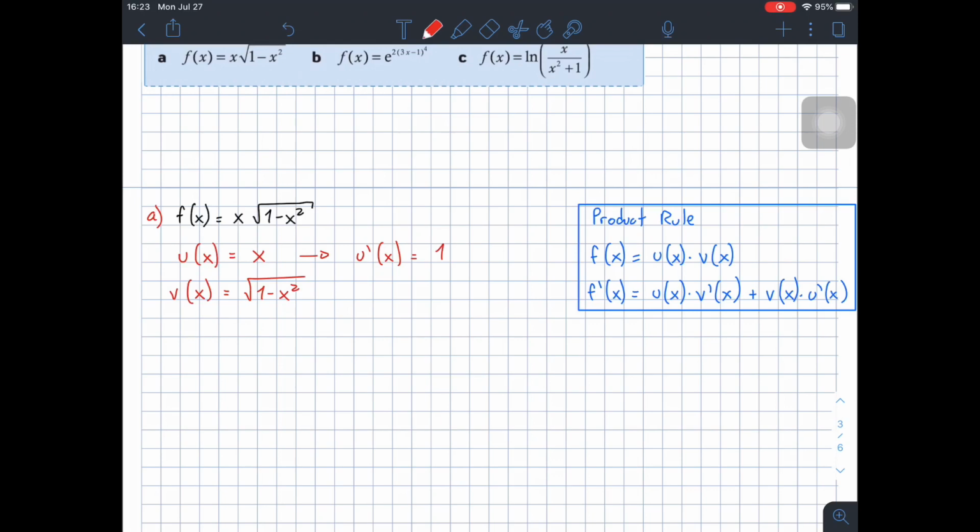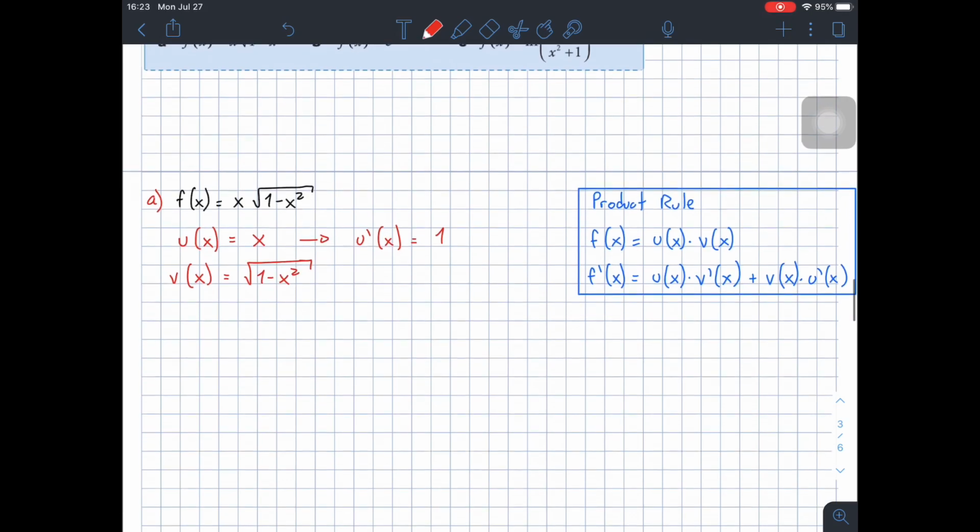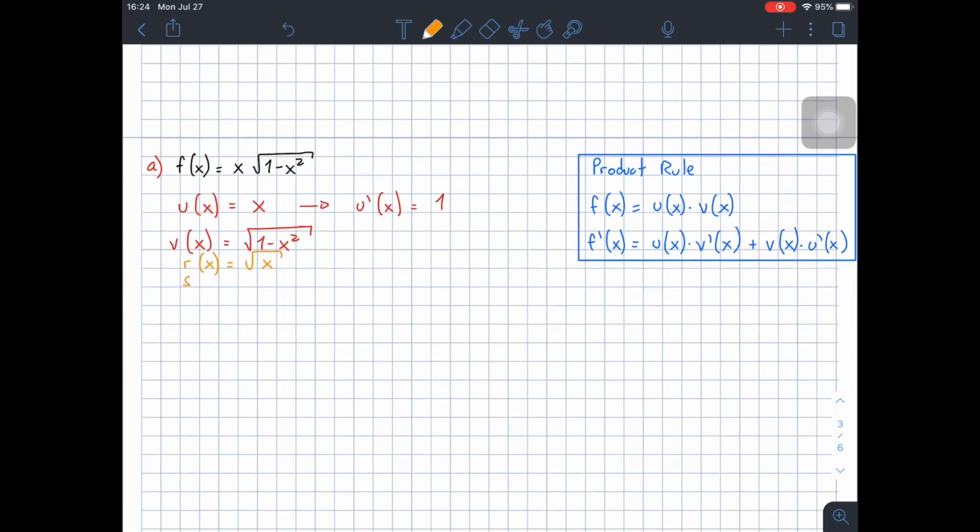But again, in order to be able to solve this, I would need to apply the chain rule, right? So I'm going to define two functions here. Let's say, for example, r of x, which is the square root of x, the square root function, and s of x would be, let's say, the inner part, which is 1 minus x squared, okay?